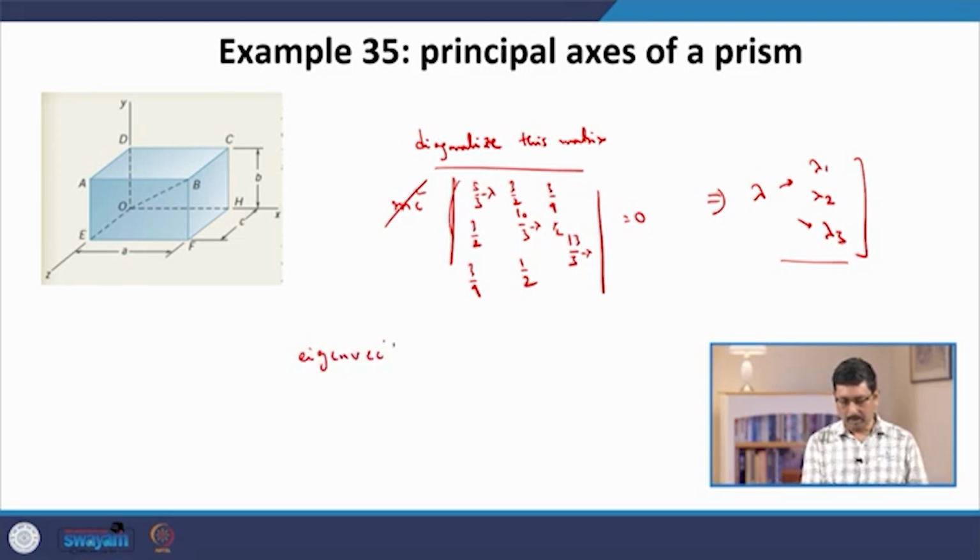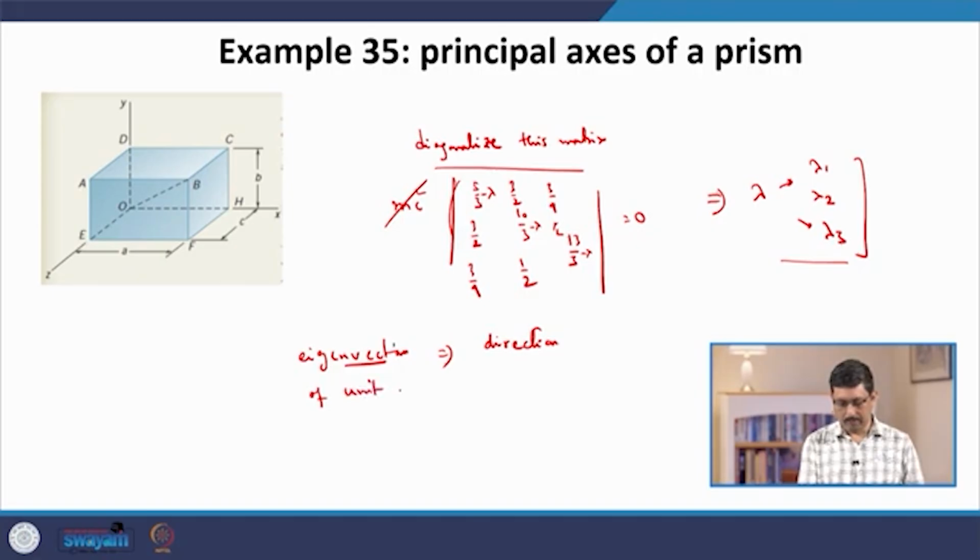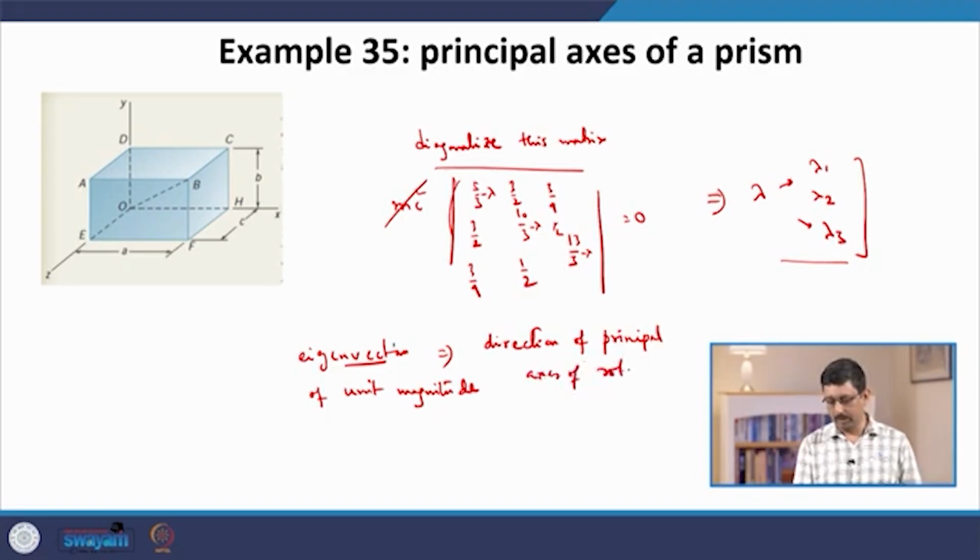In general these eigenvectors will give us the directions. If I take the eigenvector of unit magnitude, that will give us the direction of the principal axis of rotation.